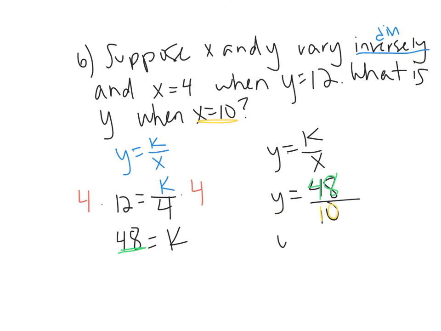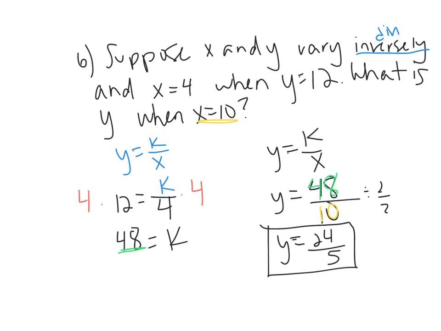And I'm looking for y. What is 48 divided by 10? It doesn't divide evenly, but it's always good to simplify fractions. I can divide by 2, right? So if you divide by 2, we get 24 over 5, and 5 is prime, so that's as good as we're going to get. So y equals 24 over 5.